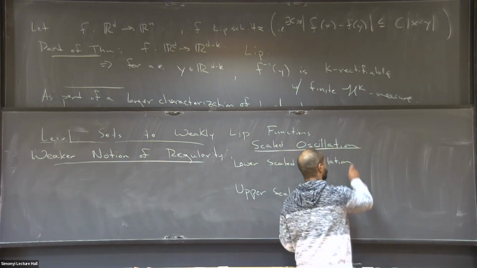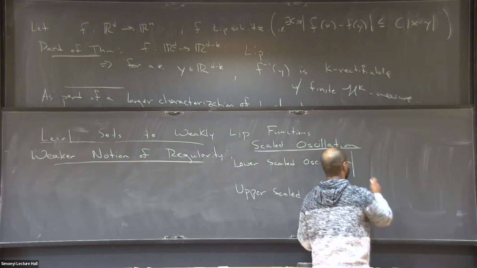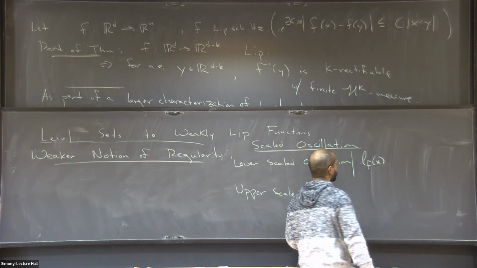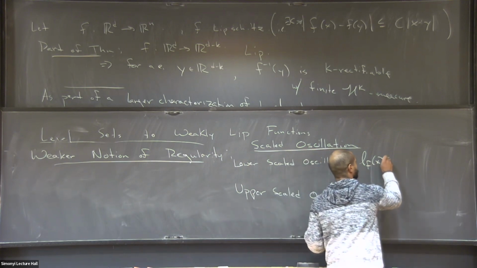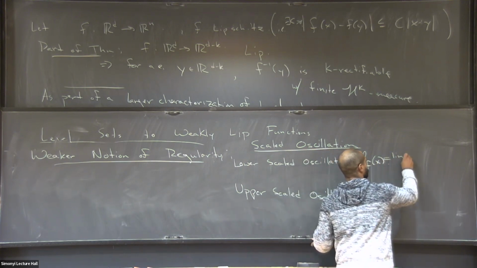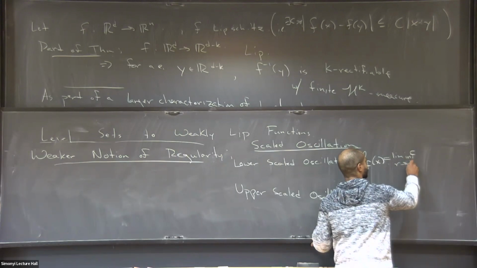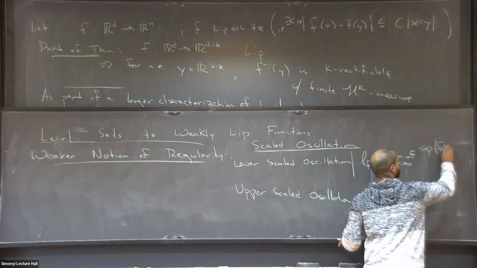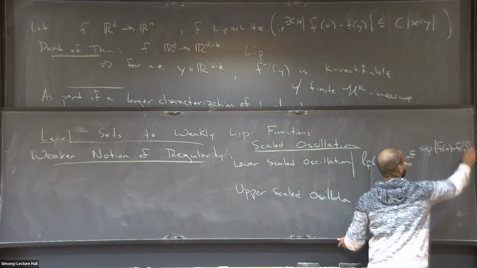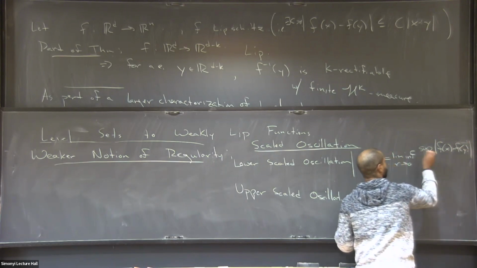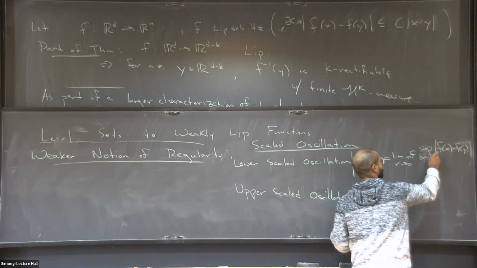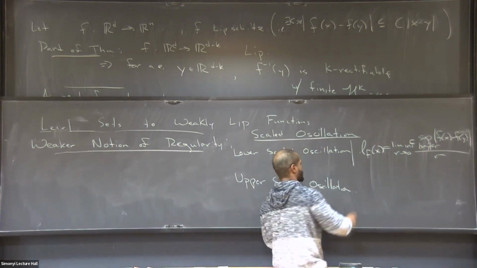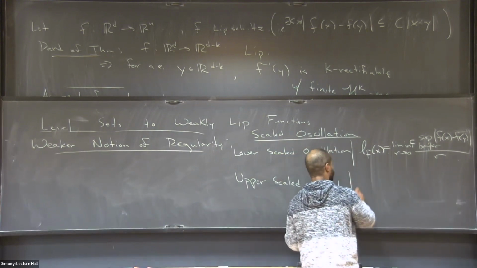So if you have a function, you want to say little l f of x is going to be the lim inf of the sup of |f(x) - f(y)| over r, for |x - y| = r, and then the upper scaled oscillation, the big lip.